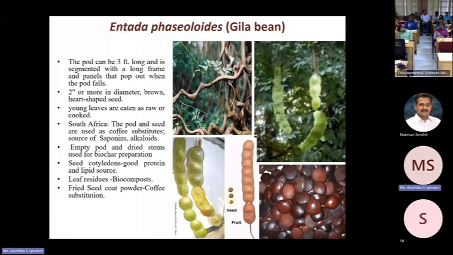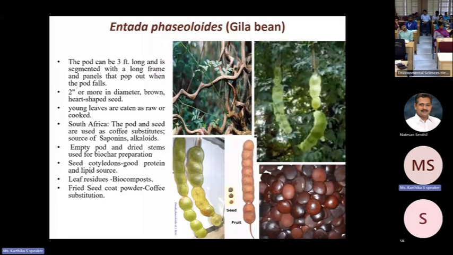And another one, instead of coffee, you can try it with processing and then powder, you can use it as a coffee powder. So an alternate, eco-friendly, environmental friendly, such a wonderful seed coat. So this is the thing.